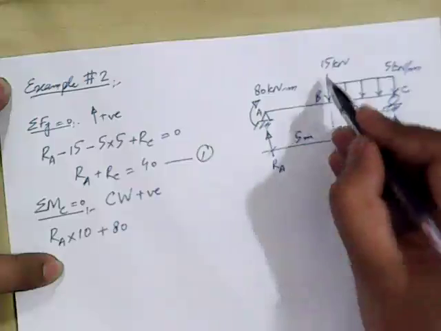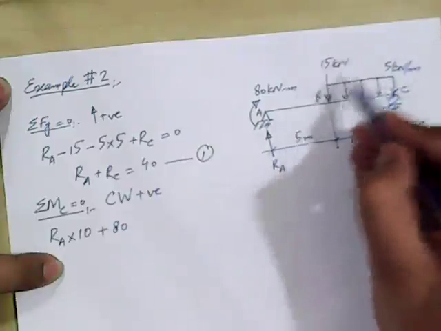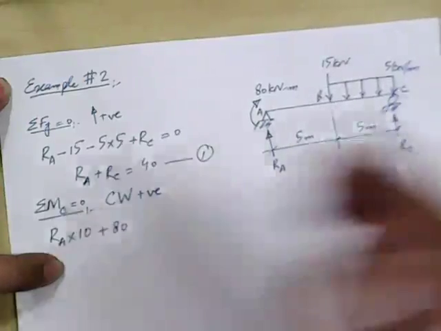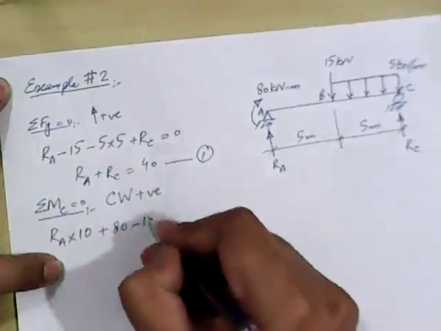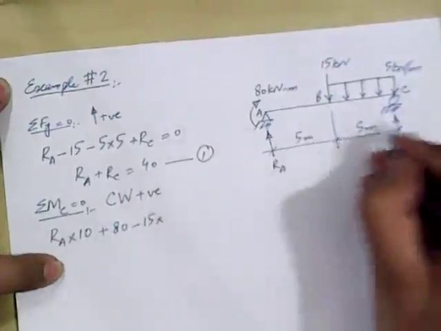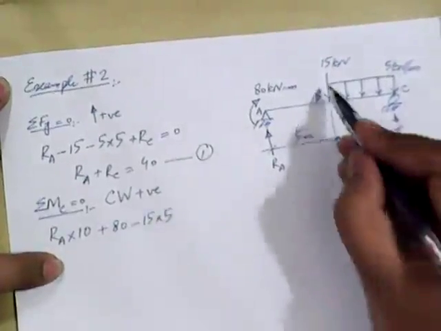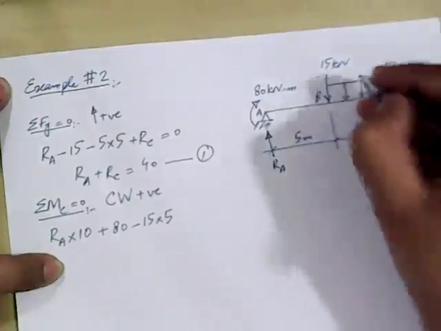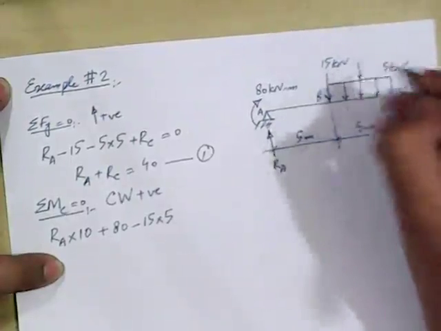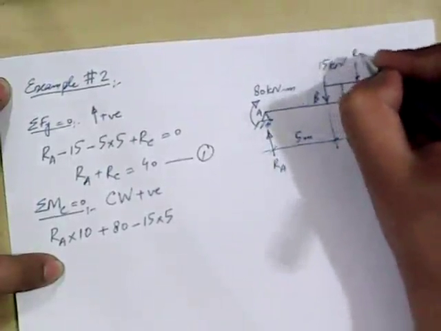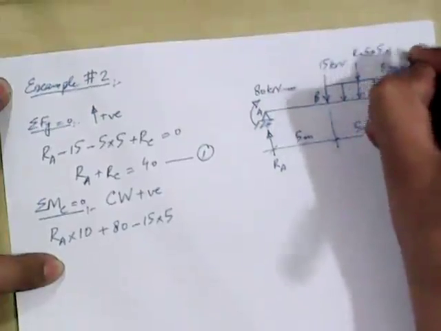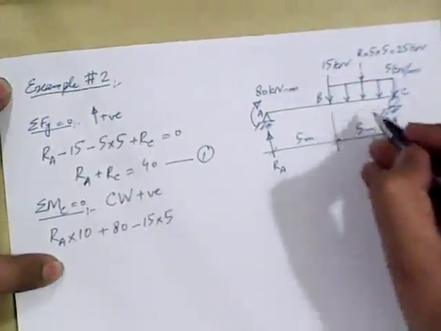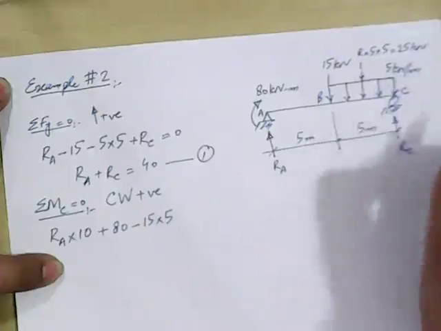Now let's move in this direction, and then we find this 15 kilonewton force, and this force will produce moment about point C in the counterclockwise direction.